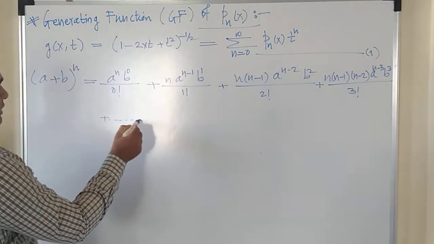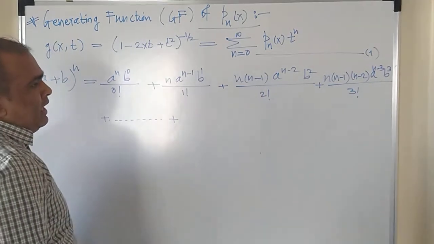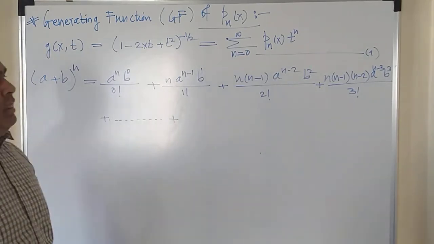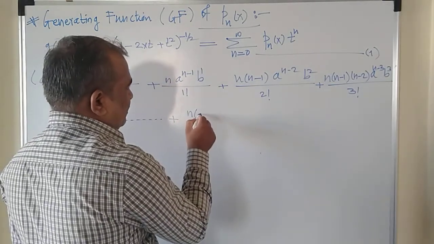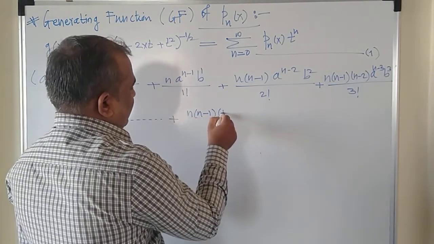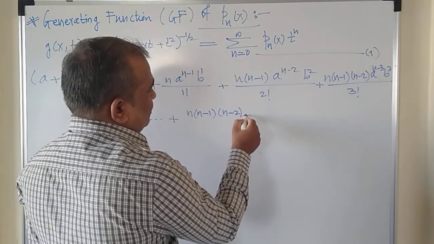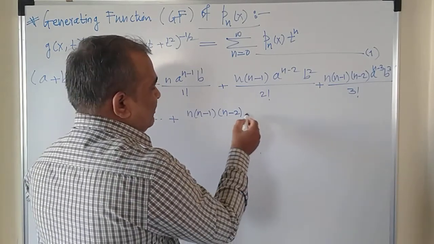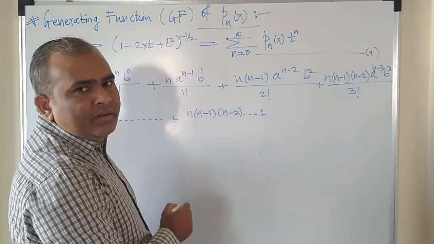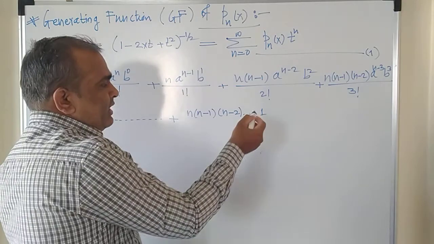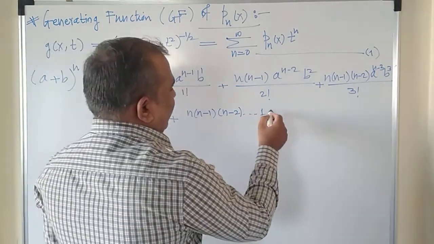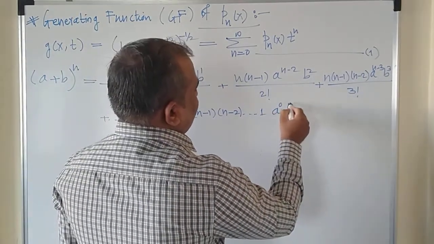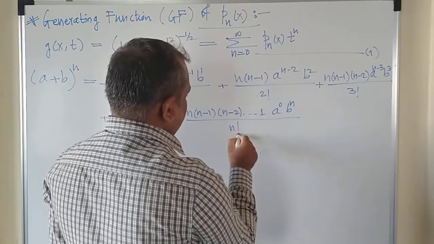In this way you can write n number of terms, and the last term will be equal to n into n minus 1 into n minus 2 up to 1, divided by n factorial, so the coefficient cancels to 1, times a raised to 0 and b raised to power n upon n factorial.